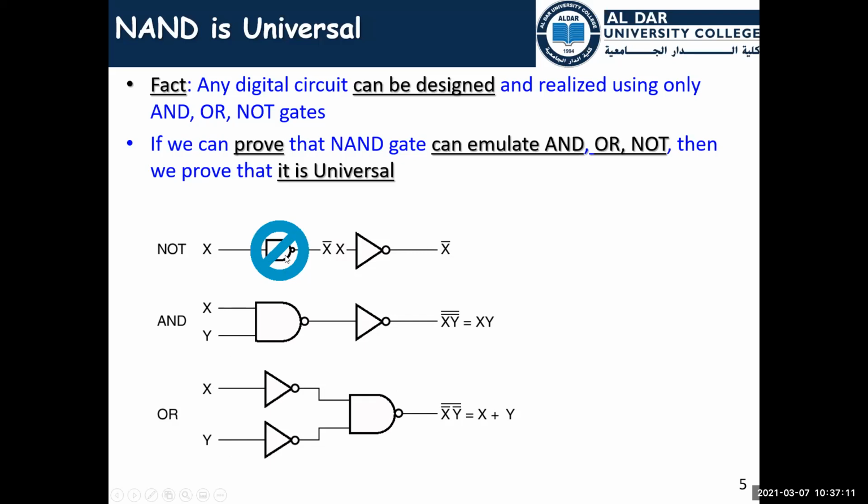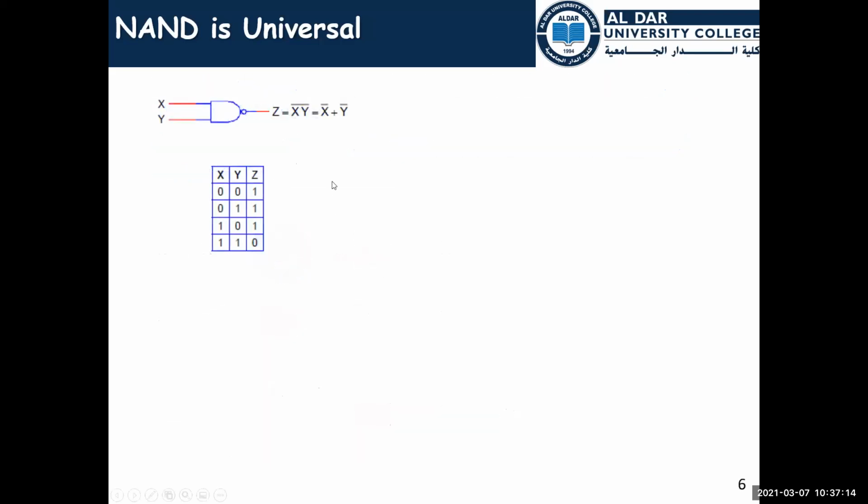What about this problem? We can solve this problem by looking at this table. You can see from the NAND gate that we have the inputs which are X and Y, 0, 0. If they are equal, the output will be the conversion of it, and also if they are equal and they are 1, then the output will be the conversion of it.